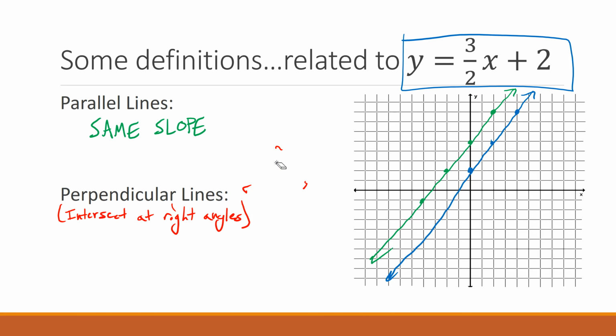So perpendicular lines. Now, if I'm looking at perpendicular lines on a graph, let's see if I can figure out, let me take off this green line. We know how parallel lines work. Let's see if I can figure out what line would be perpendicular to this blue line. Remember, perpendicular lines do intersect. So maybe it intersects right at this point, and they have a right angle.